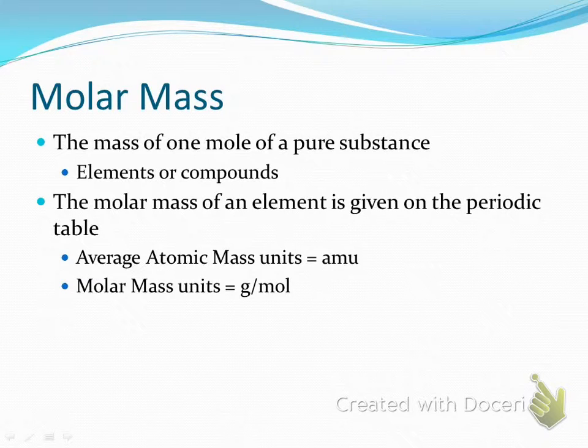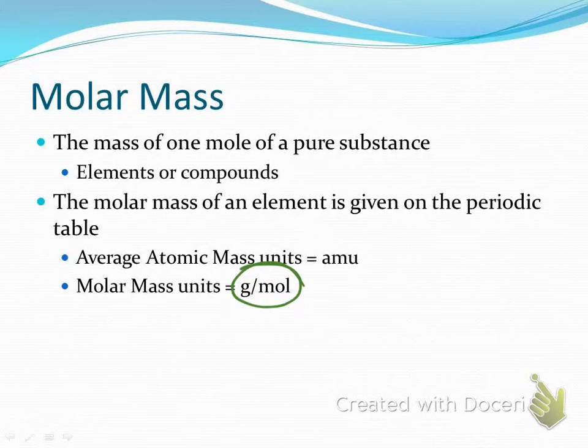Okay, so if I'm looking at the average atomic mass of oxygen, I know it's 15.99 AMU. But if I'm looking at the molar mass of oxygen, I know that 1 mole of oxygen atoms weighs 15.99 grams. So our units for molar mass are grams per mole, or g/mol.